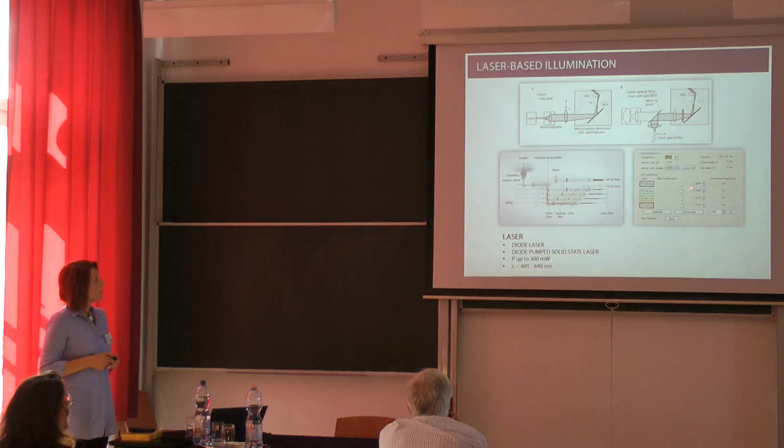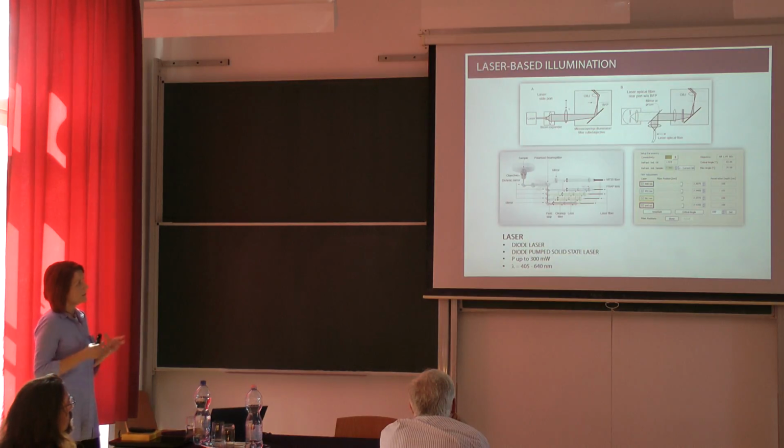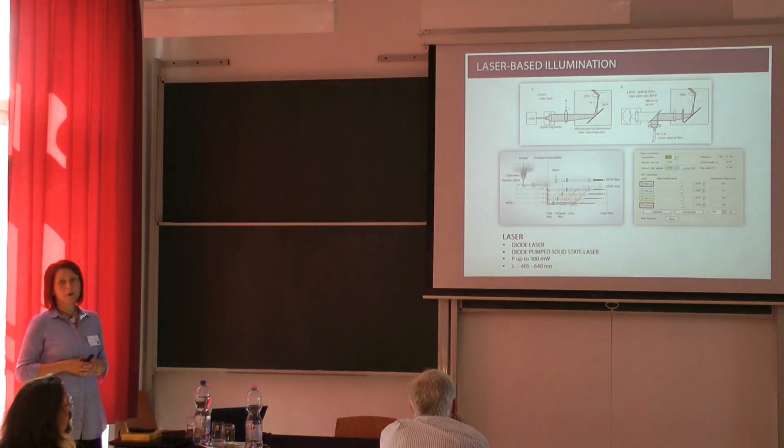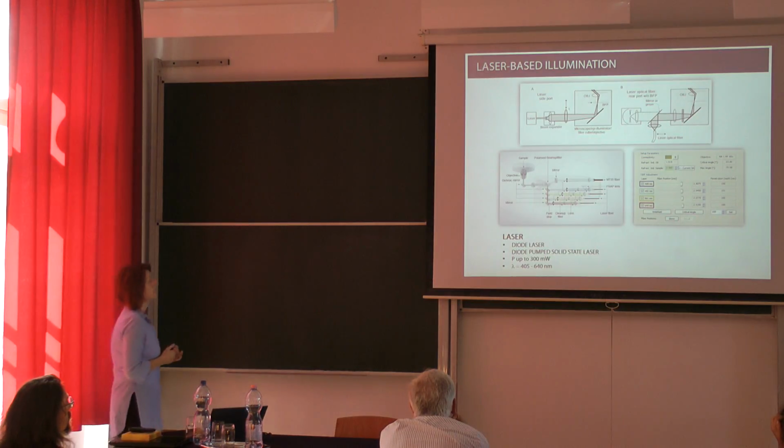You can individually adjust the fiber position and the penetration depth, put in the refractive index of your sample, and then the software will compute the best critical angle for you, but usually, at least in our system, we have to adjust it a little bit.